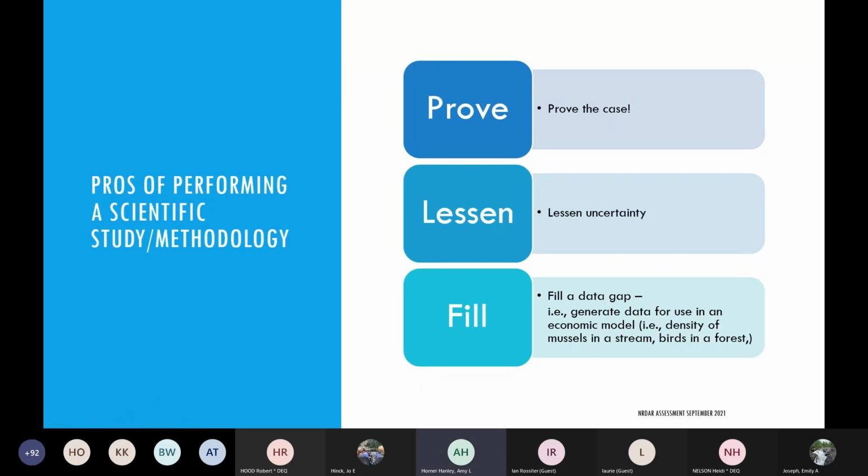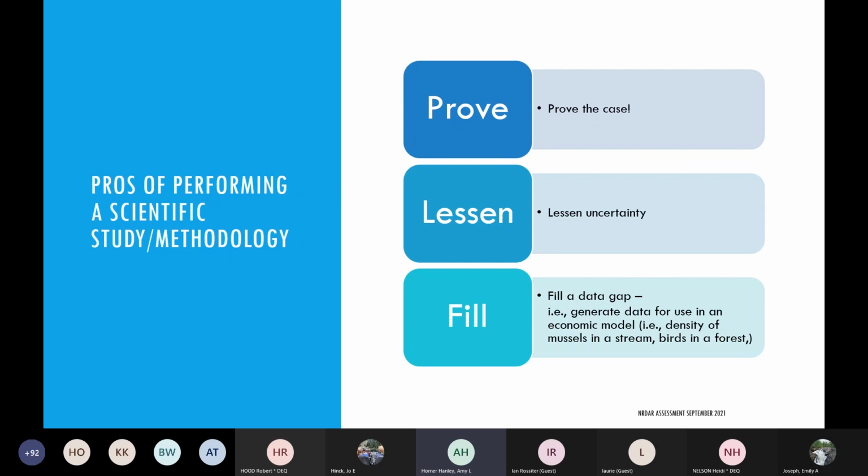So let's talk about some pros of performing a scientific study or methodology, right? Like, hey, of course we want to go out and do this study because we could prove the case. Like, this could be it. We can absolutely show that this substance caused those fish to die, and this is great. You could also lessen uncertainty, right?